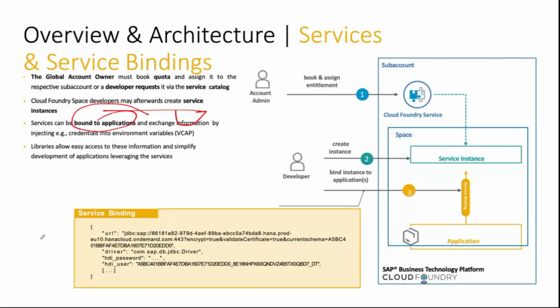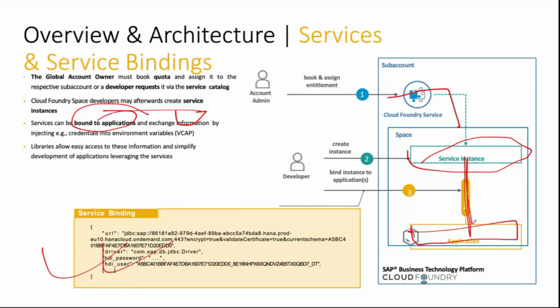In this service binding, you can get the credentials of the binding information. On Cloud Foundry, at the service space level, you created a service instance, and your applications are deployed and your services are bound to those applications. So without binding, it will never work. Your application will never be able to work properly.